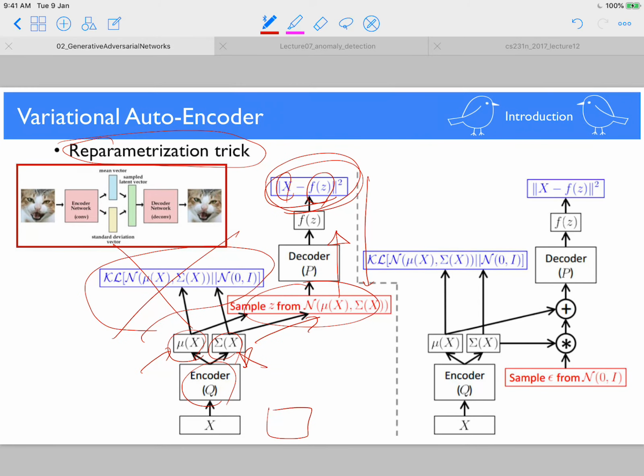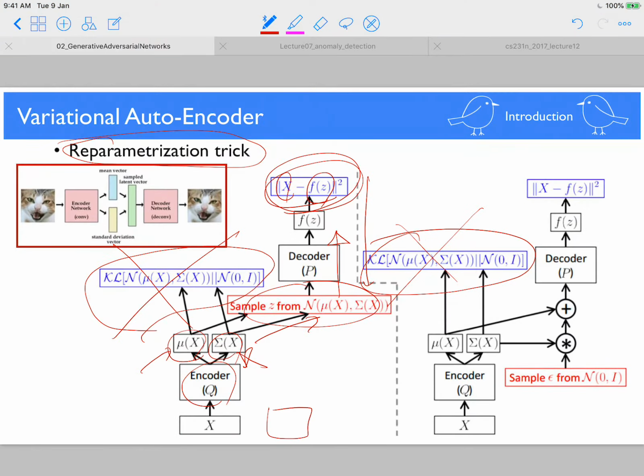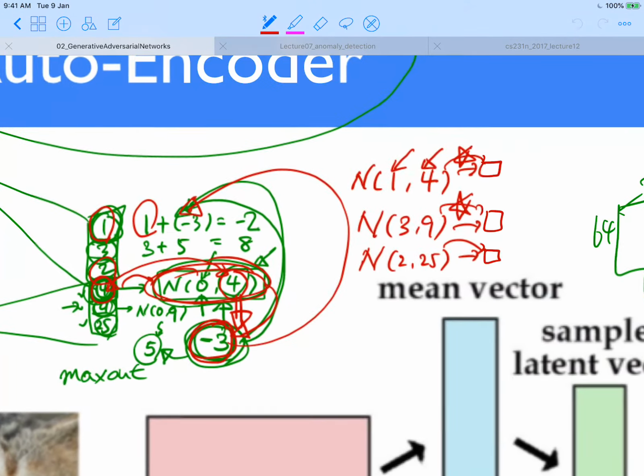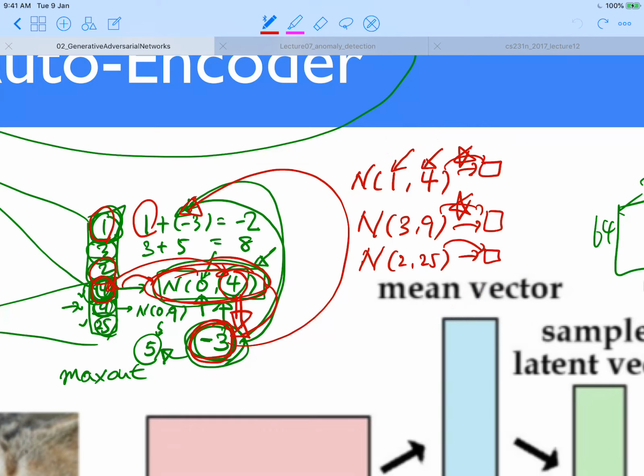So this reparameterization trick is really clever but really simple. We still ignore this part; I will explain it shortly. If you see the difference between this version and this version, in the case of the first version, at least we can do the backpropagation onto this value, right?